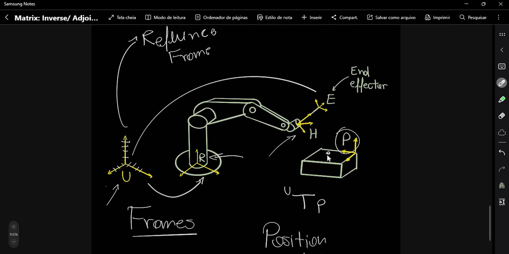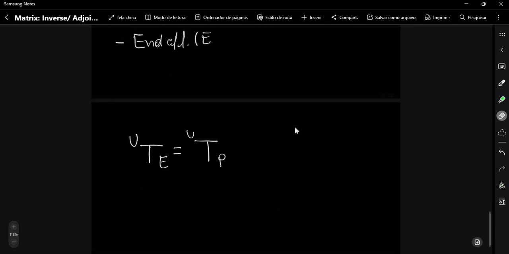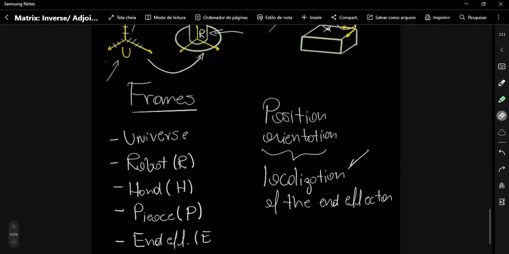And as we are not working with precision, we are not working with matrices, let's ignore this point and say that the end effector is going to be at the same position and orientation which resumes on the localization of this workpiece.